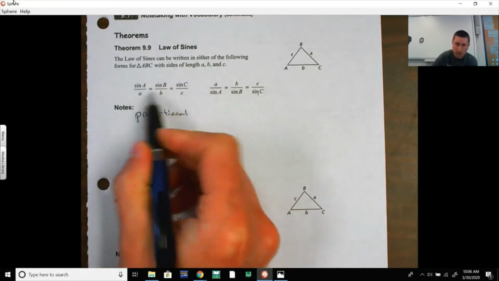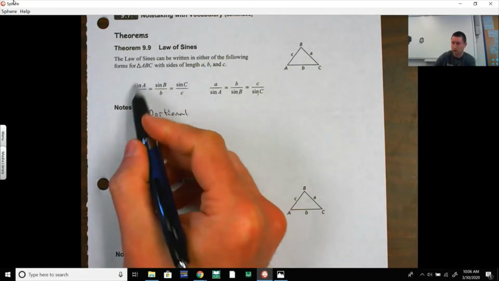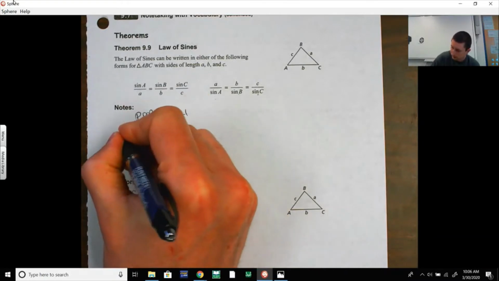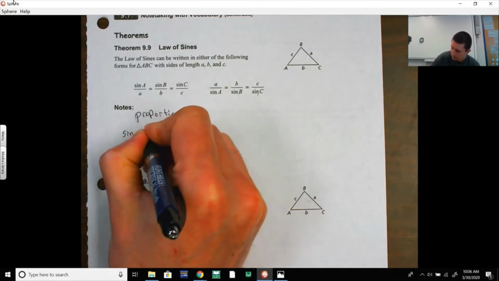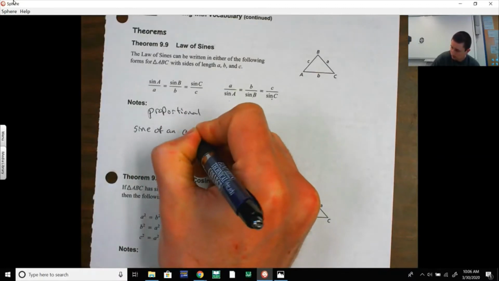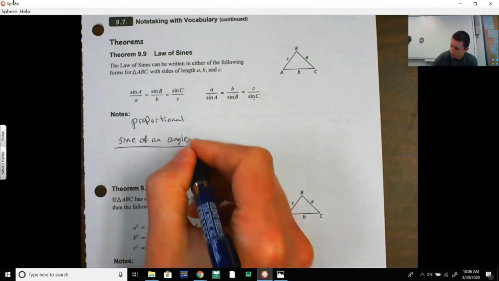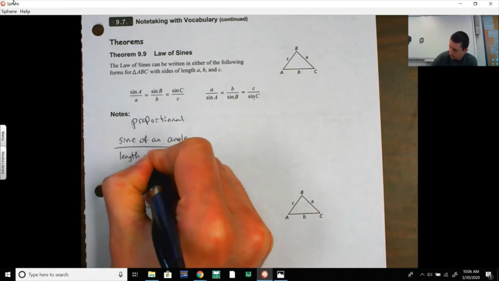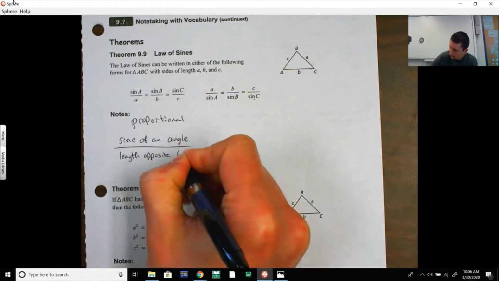You won't put all three parts in your formula, you'll just have two of them. So the sine of an angle over the length opposite that angle.